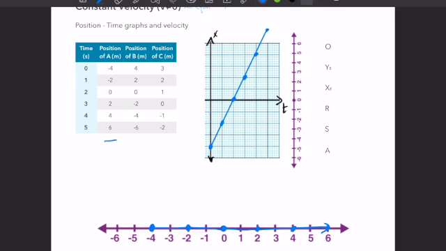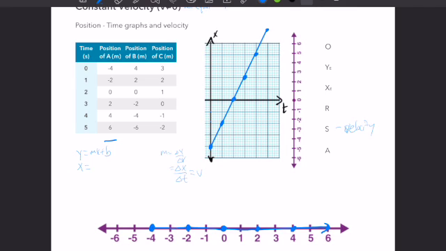Now our equation of that line is y equals mx plus b. The y-axis is position x. The slope is delta y over delta x. Well, the y-axis is x, so that's delta x, and the x-axis is t, so that's delta x over delta t, which is the velocity. The slope is the velocity. Whenever we find slope, we want to use the biggest, most extreme points possible.